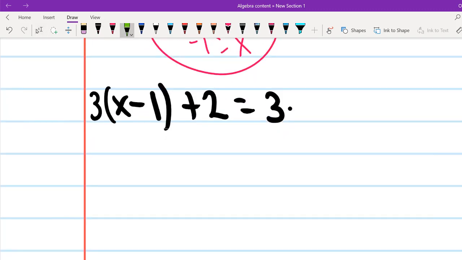So for example, this one, you would say minus 2 on each side first, and then you would say 3.